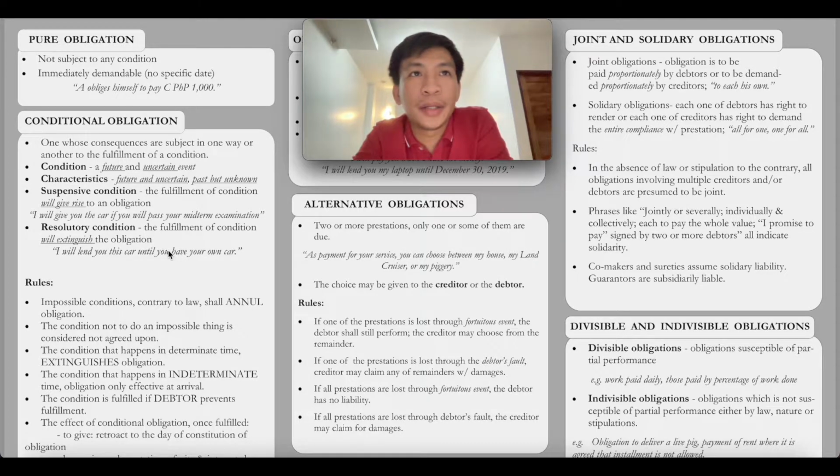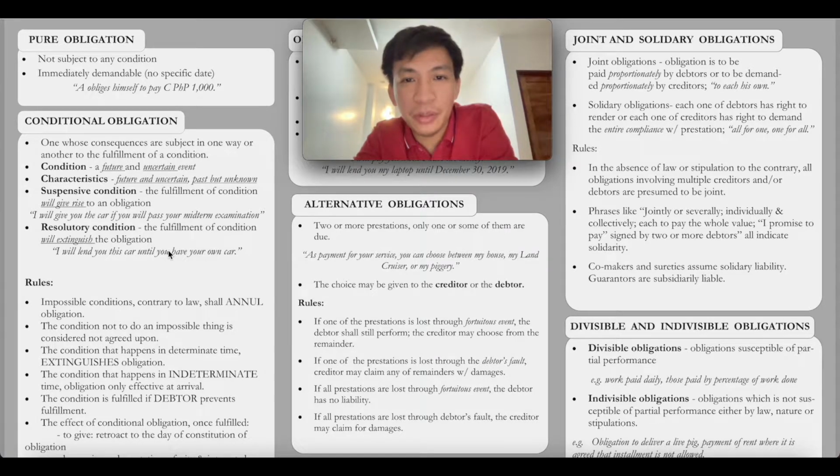Or kapag nanganak si Juana, for example, on or before January 1, bibigyan kita ng bagong sasakyan. Okay. Problem. Si Juana ay na-declare na baog noong December 25.